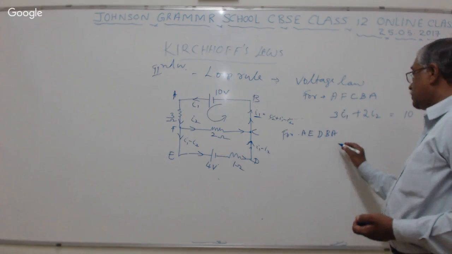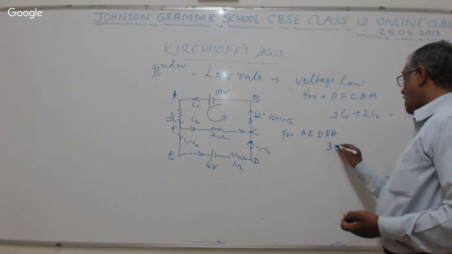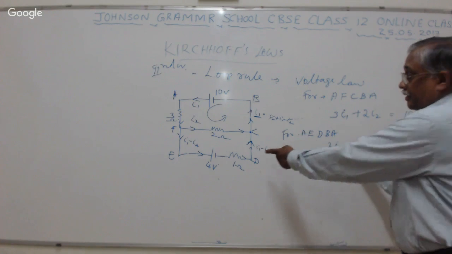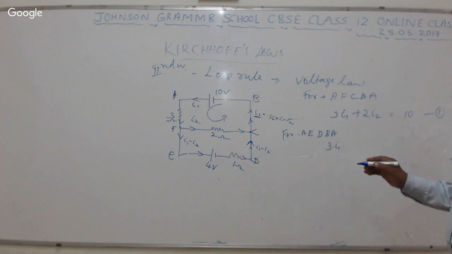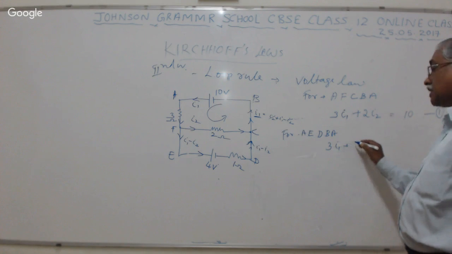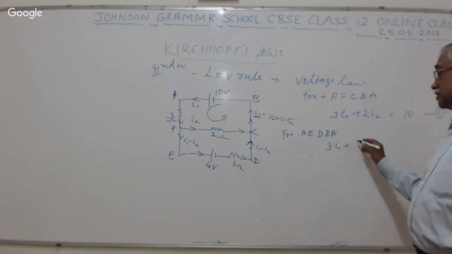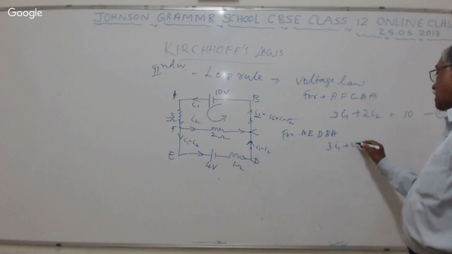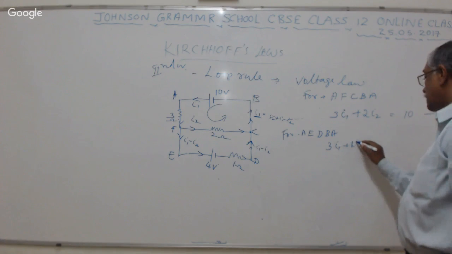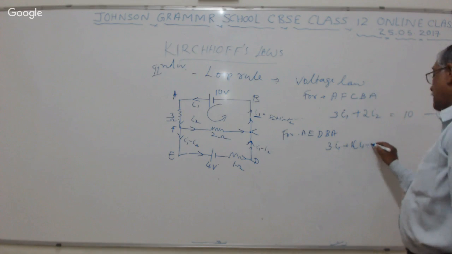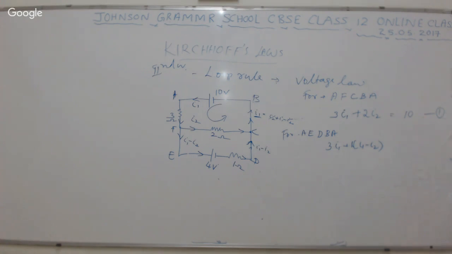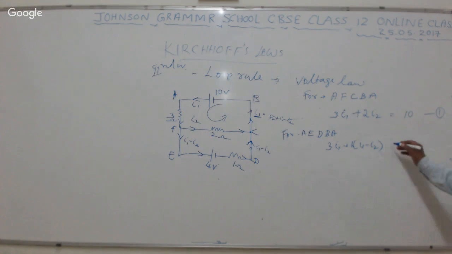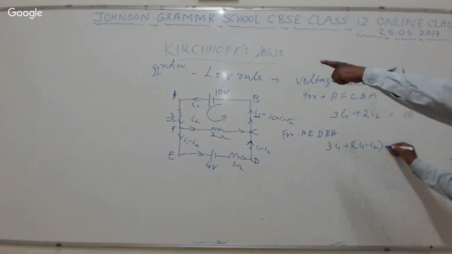So that is 3I1 plus, and here there is a resistance again in the same direction. So that is plus, what is the current there? I1 minus I2. So that is plus 1 into I1 minus I2, right? So 3I1 plus 1 into I1 minus I2, and there is no more resistor in the circuit.